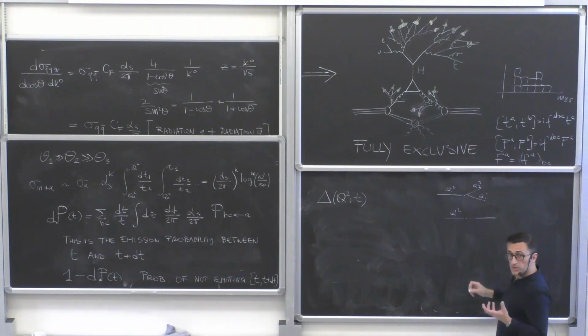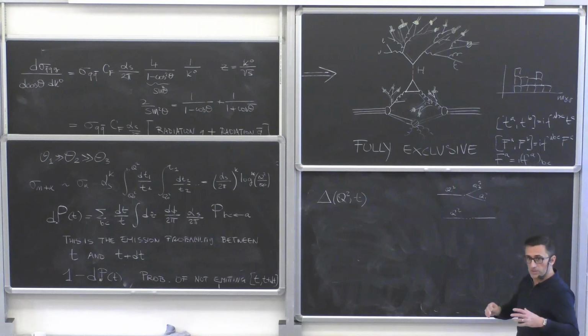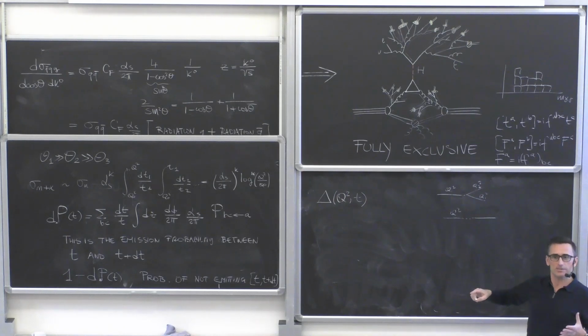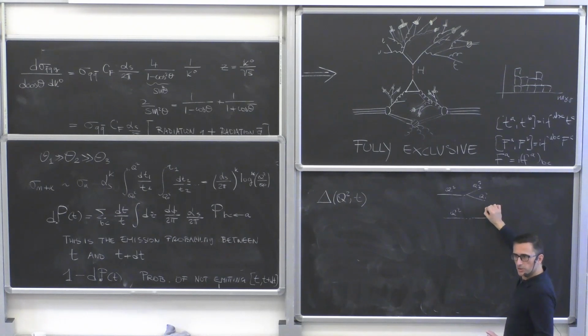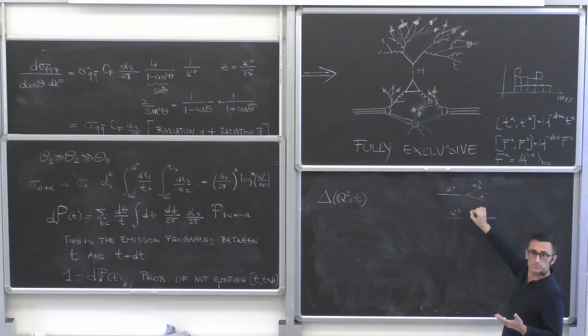What I'm really saying, without having said it, but now I'm stressing it, is that this is the probability of not branching in a way that I can see it. So I have to include all the branching that I don't see, to be infrared safe.